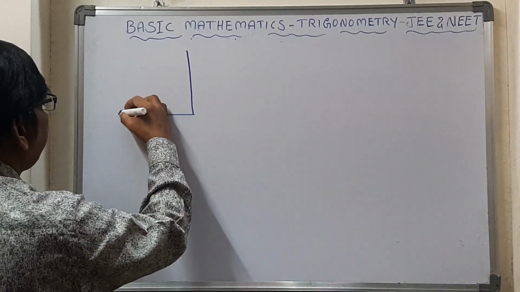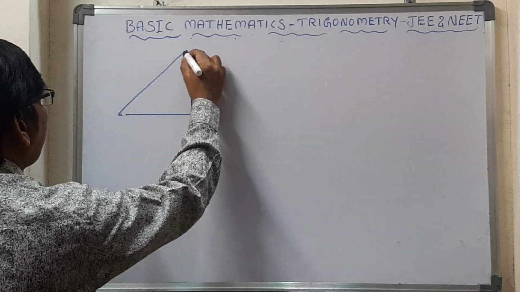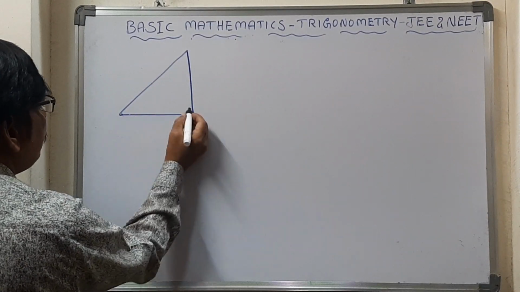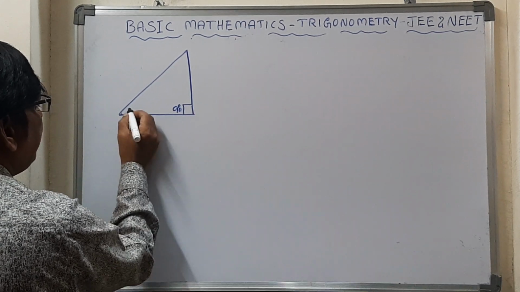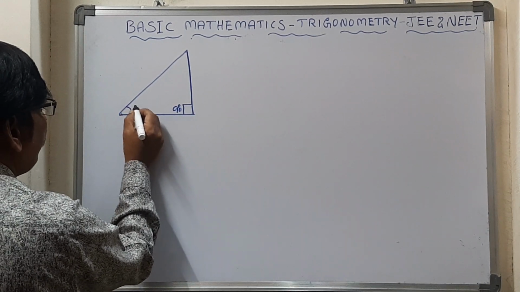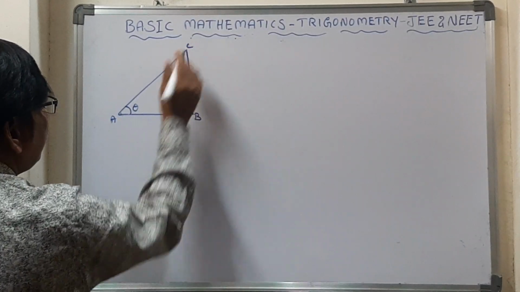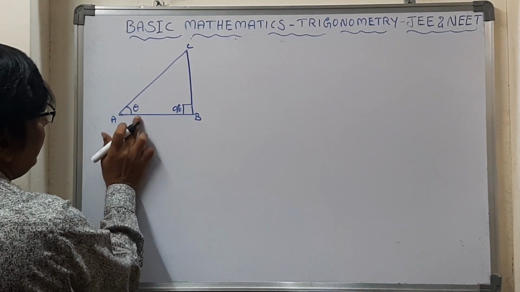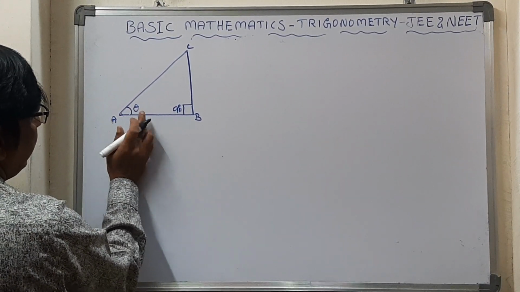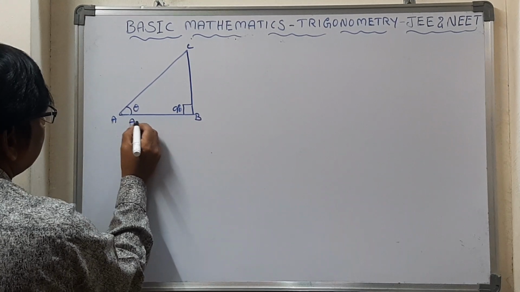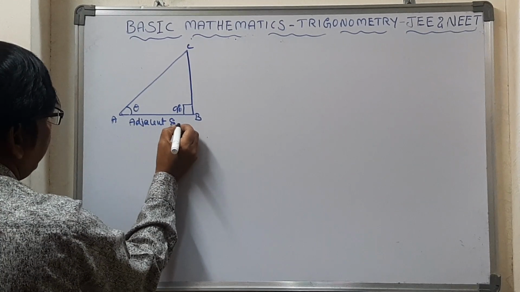This is a right angle triangle, and as we know, this vertex is 90 degrees, and assume that this is the angle we have to measure. Let us consider this as A, B, C. The side associated with this angle is called the adjacent side.